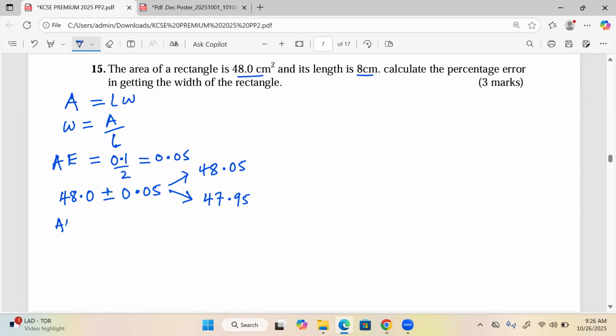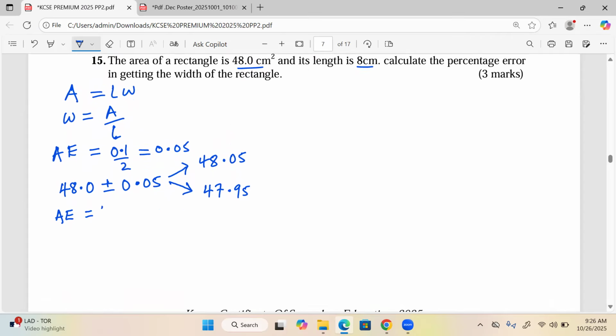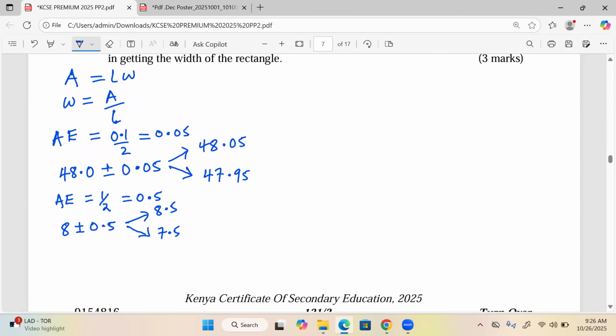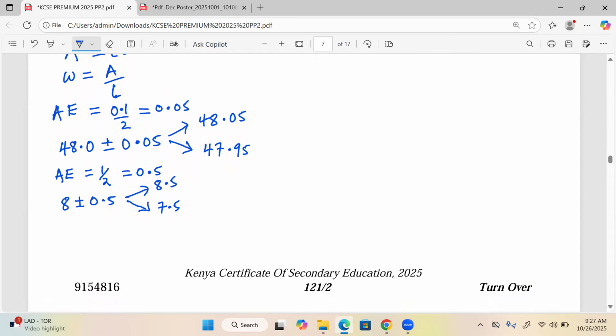Therefore, absolute error in the length becomes very different because they have been recorded to different accuracies. 1 out of 2, 0.5, meaning that we can get the limits of the length with 8. We add or subtract 0.5. The upper limit of this length is 8.5, and the lower limit of the length is 7.5.